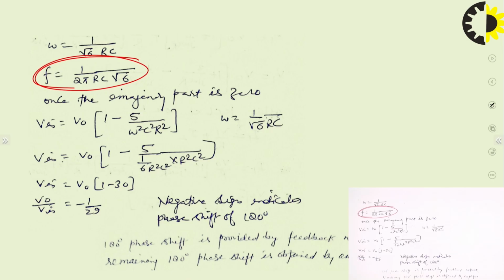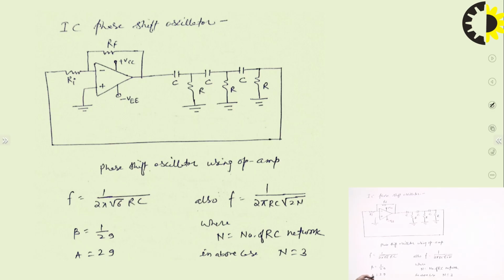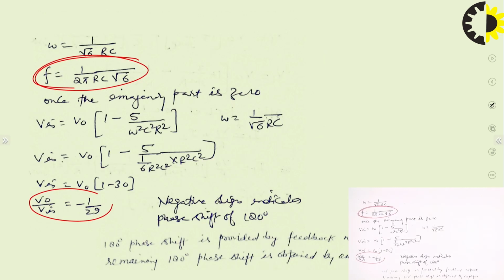So you can find out V naught upon V in is equal to minus 1 upon 29. In this way, the negative sign indicates the phase shift of 180 degree. You can remember that. Don't get confused that this is the output of the feedback amplifier.